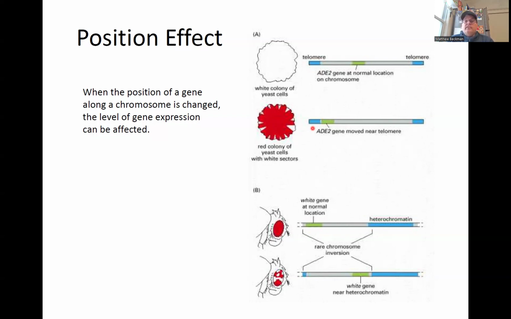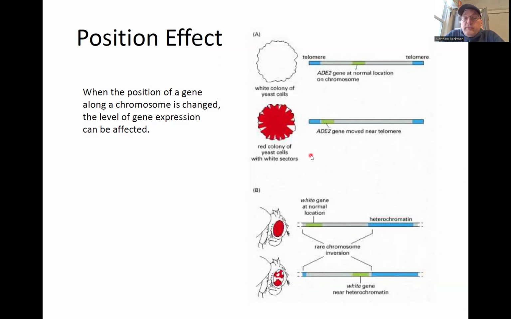And the result is that the product that was going to get converted in this step is blocked, and it builds up and it oxidizes and turns red. So we see the red yeast here. There is something we call white sectors, so it's not a perfect blockade of the enzyme, okay? Because some of the yeast don't turn red.